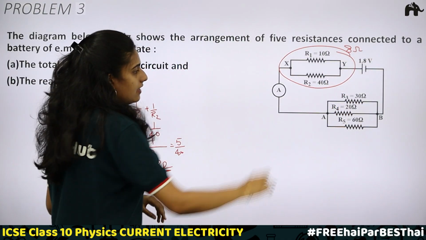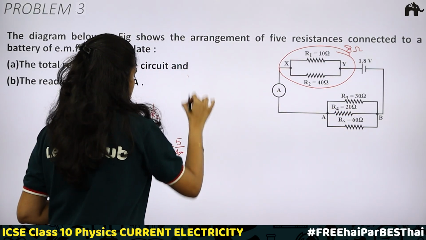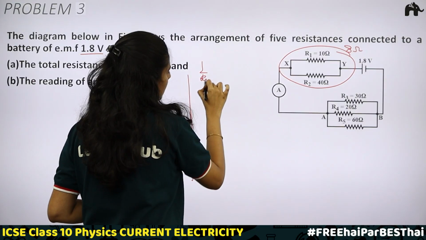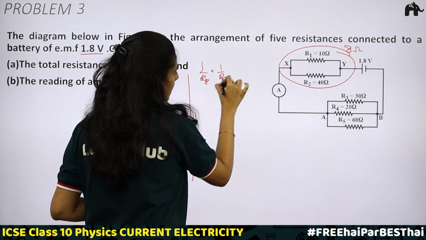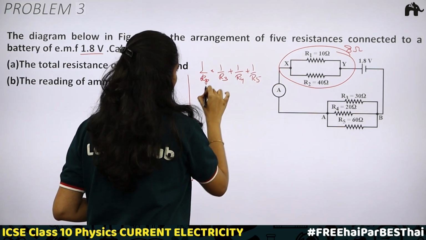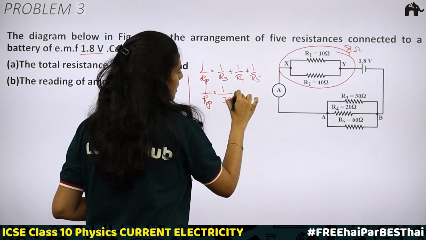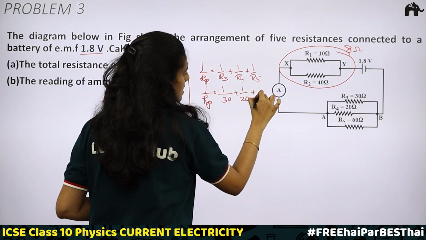Now the next part. Here we have R3, R4 and R5 connected in parallel. Therefore, 1 by Rp equals 1 by R3 plus 1 by R4 plus 1 by R5. 1 by Rp is equal to 1 by 30 plus 1 by 20 plus 1 by 60.